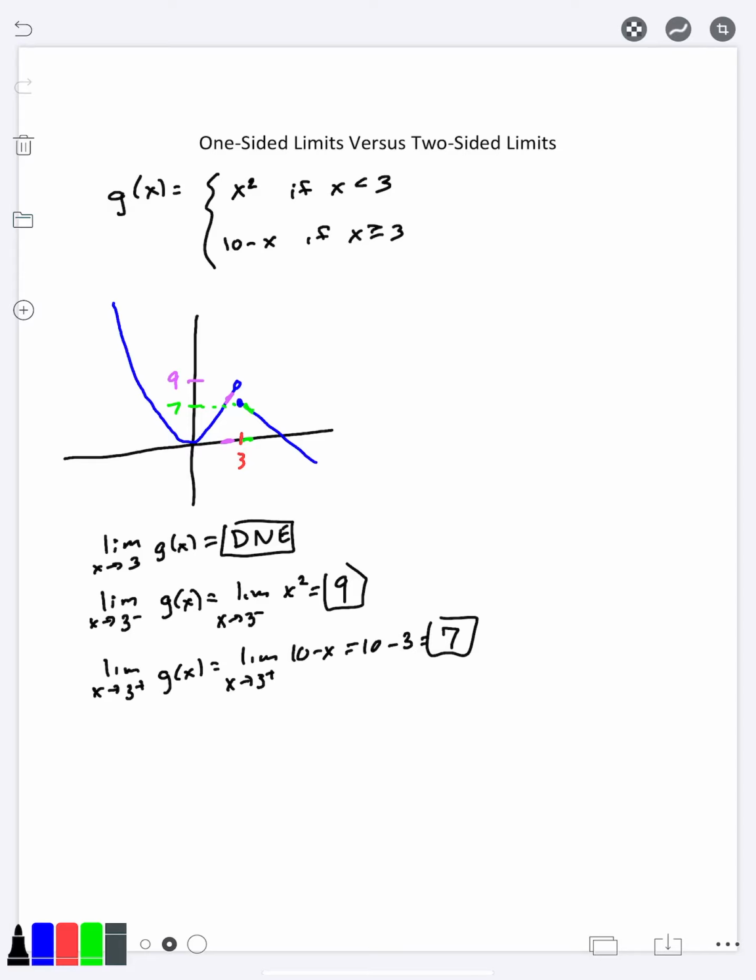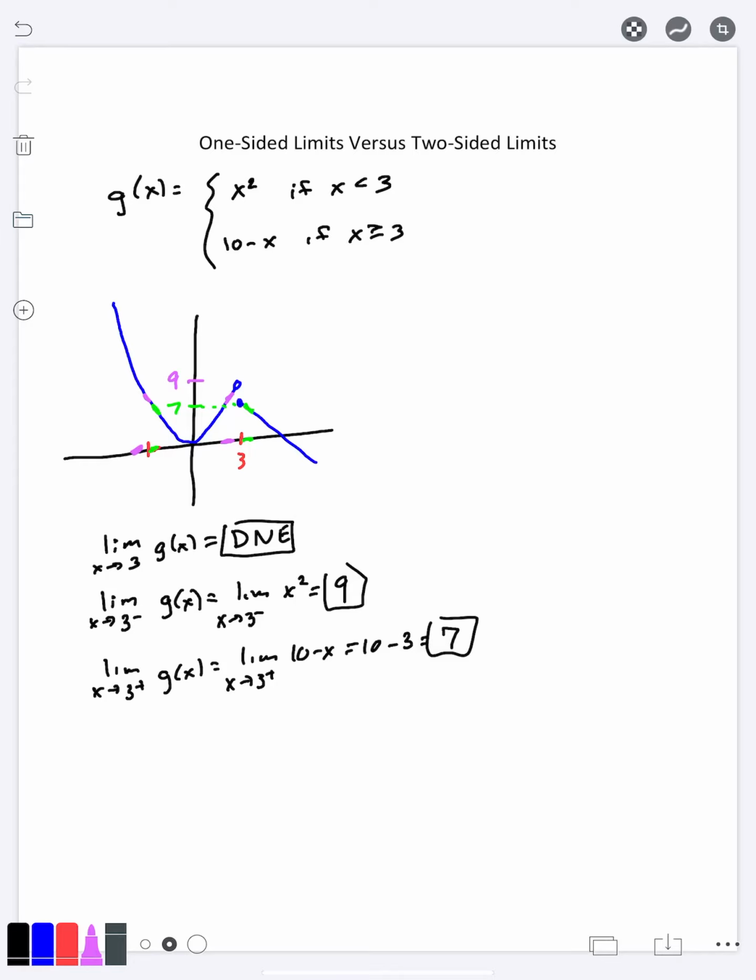Now, really quickly here, notice that if I were to pick any other point whatsoever in my graph, and I were to look right and left of it, I'm going to get the same y value. So basically, everywhere else will have a two-sided limit, no problem. It's just this single point here where it switches from one formula to a different formula, and you have this weird break in the graph. That's where we're going to have different one-sided limits.